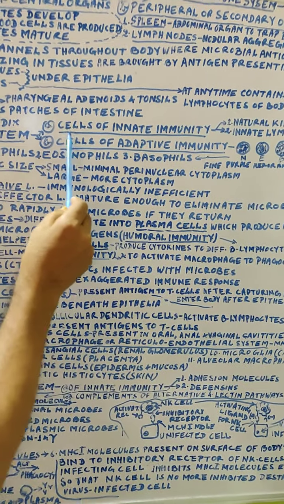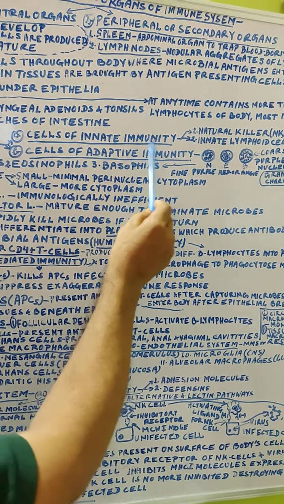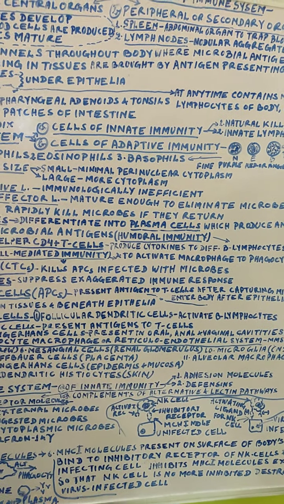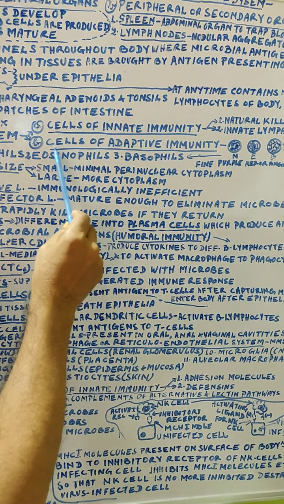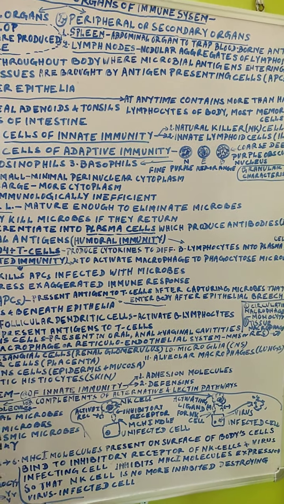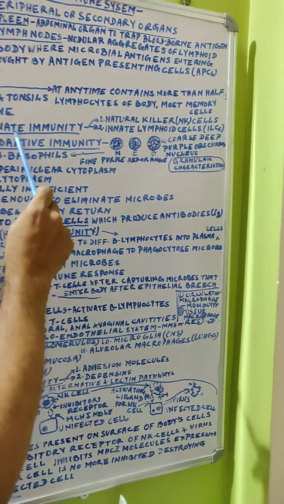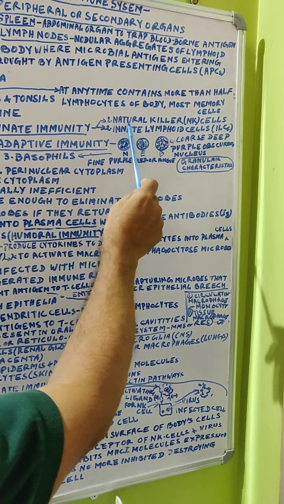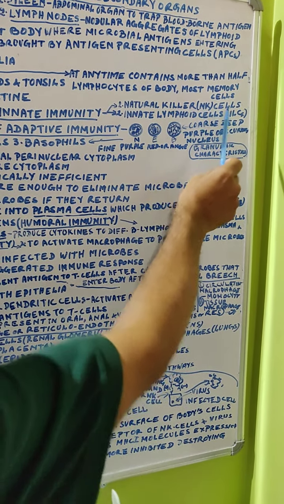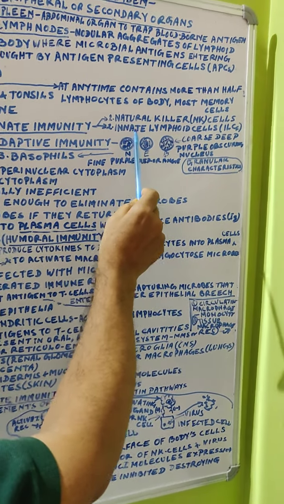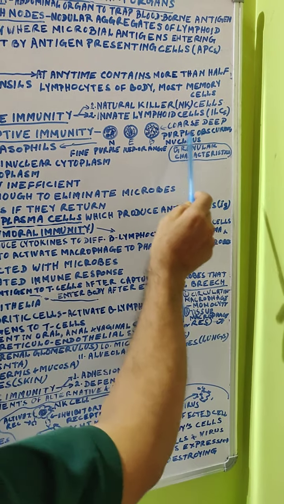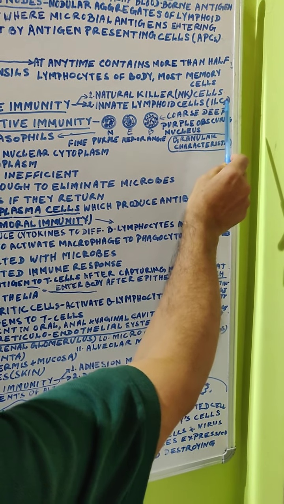What are they? They may be, number A, cells of innate immunity or primary immunity, and cells of the adaptive immunity. The cells of innate immunity are natural killer cells, that is NK cells, and the innate lymphoid cells, that is ILCs.